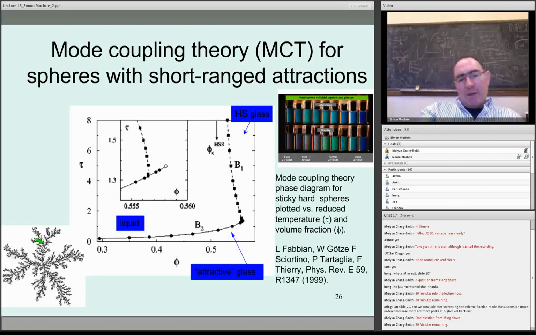The other part of the phase diagram that is understood for a long time is up here. At high temperatures, that's to say low interaction strength, you can basically ignore interactions and you have effectively a hard sphere glass.